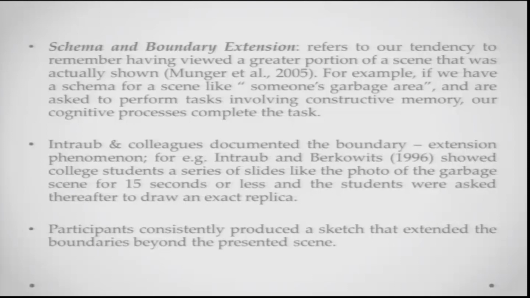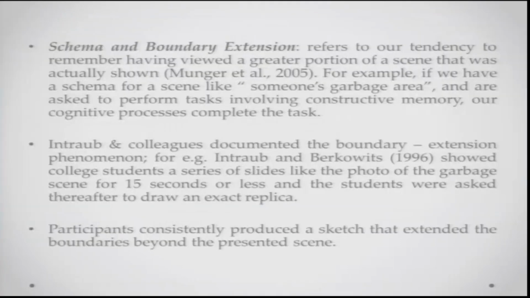Now, another phenomenon that I could talk about regarding schemas is called boundary extension. Boundary extension refers to our tendency to remember having viewed a greater portion of a scene than was actually shown. Say, for example, I show you a picture like this here, and I remove it, and then I ask you to describe in so many words whatever you have seen in that picture.